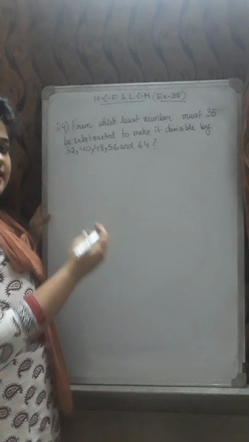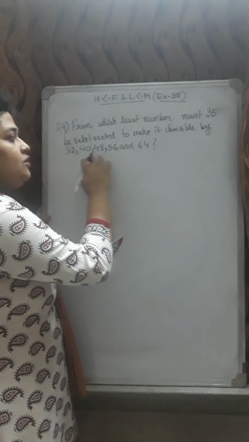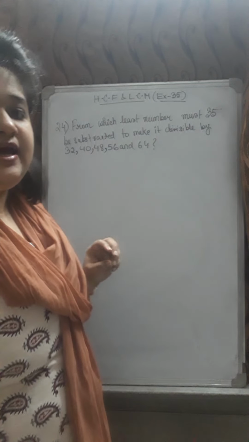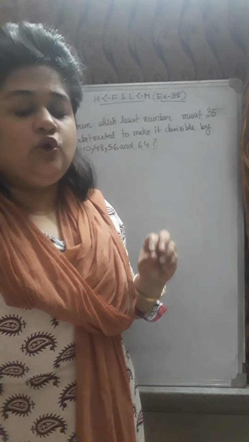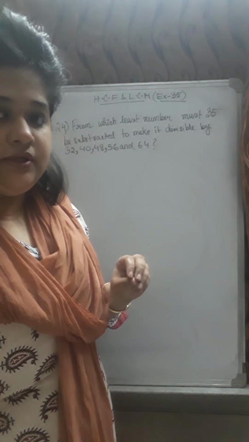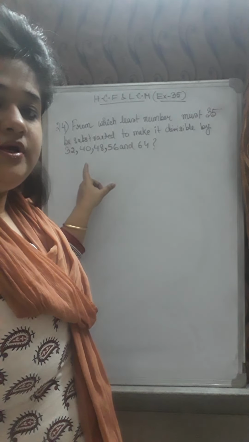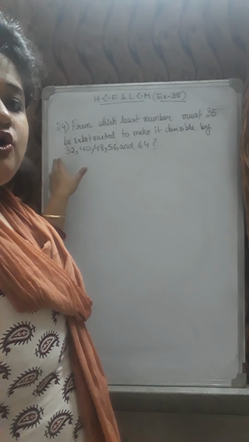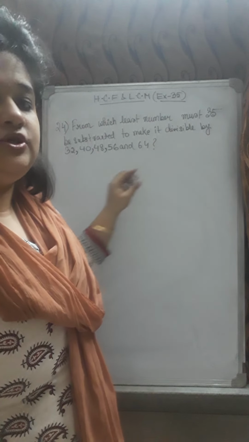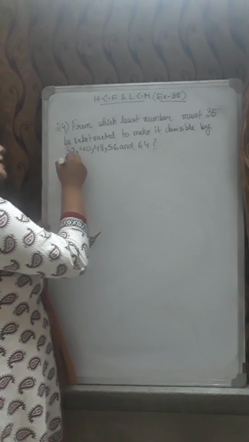Now first step, any number which is divisible by all the set of numbers is its LCM. That means the lowest common multiple is the number which is divisible by all these numbers. So what will we write?